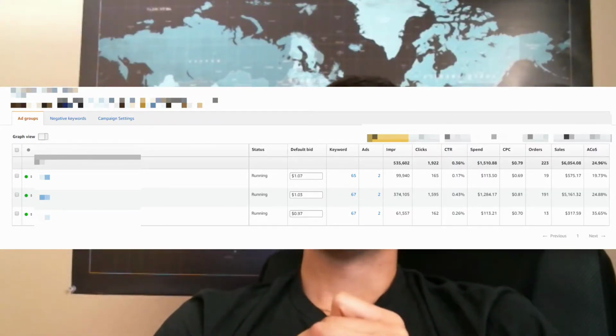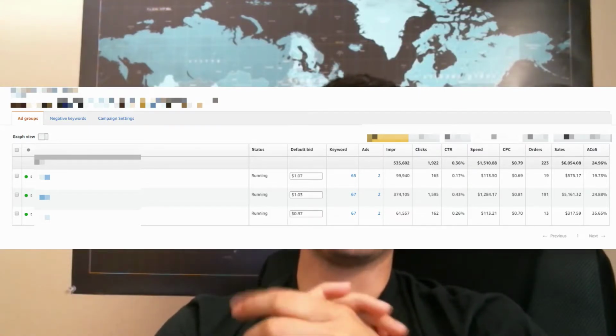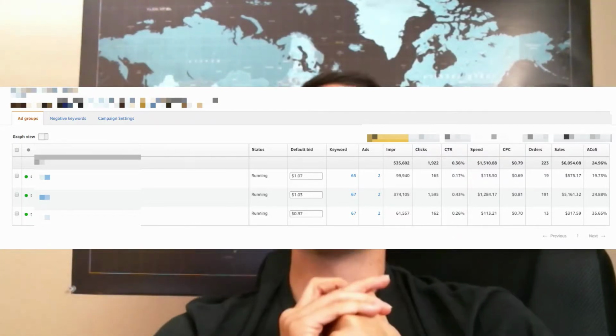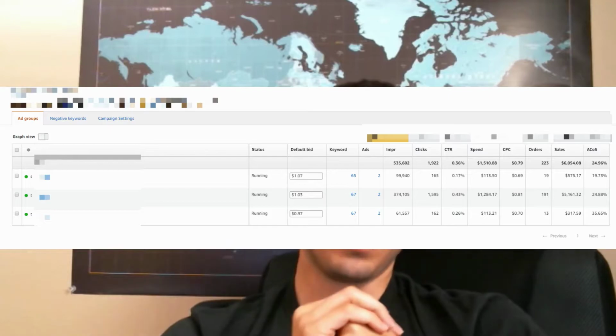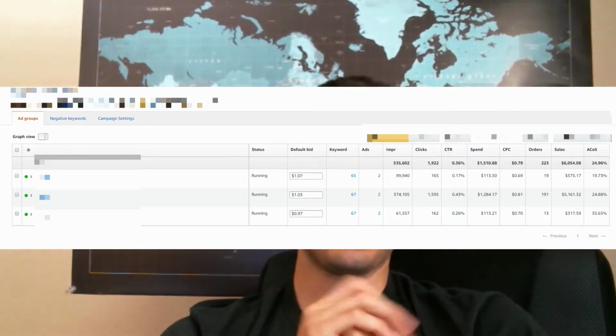So I guess averaged out, you can see on the 3 ad sets there is 24.96%. So that means whatever your selling price is, if your sell price is $20 and your ACOS is 25%, that means you're spending $5 for every $20 sale that you generate. Does that make sense?